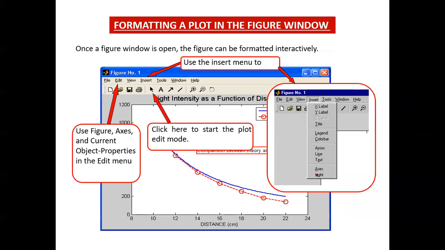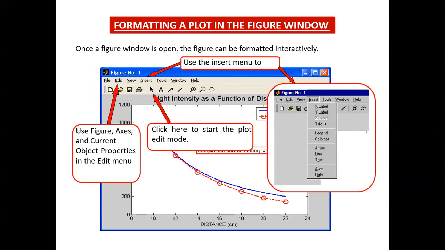Again, for formatting after generating the graph, we can choose the insert menu. We can change whatever we want, and using the figure, axis, and current object properties in the edit menu, we can change the label we need.